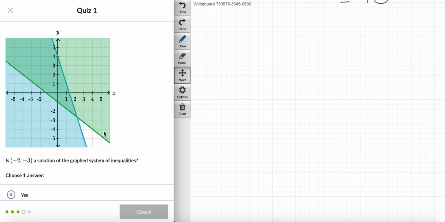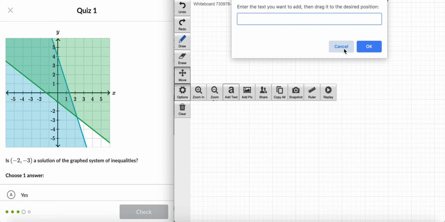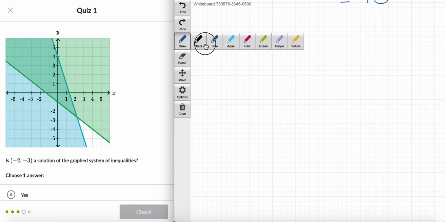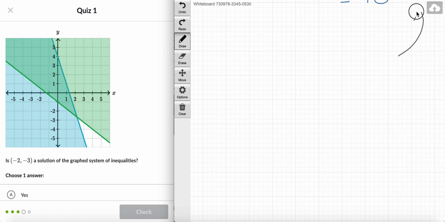So it's -2, -3, a graph system of inequality. In the last tutorial, we really focused on this question. And as always, if you forget about them, you can always check this corner for information.